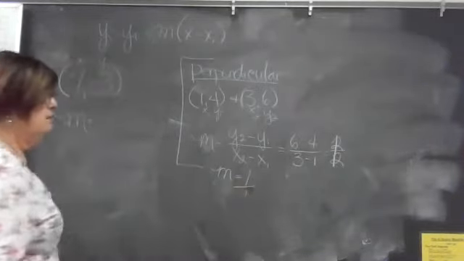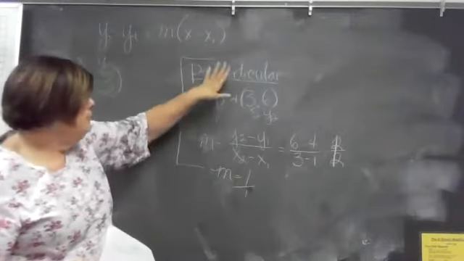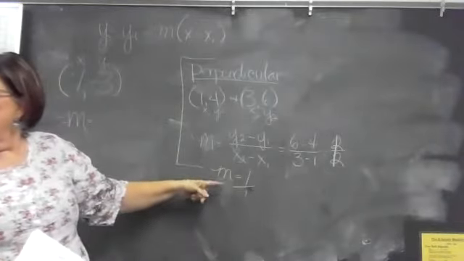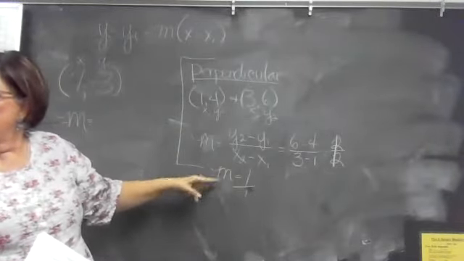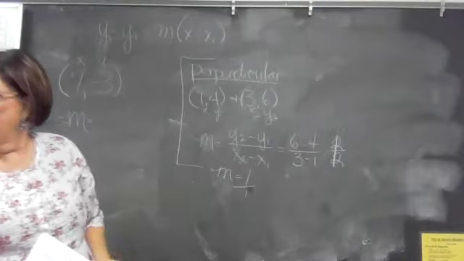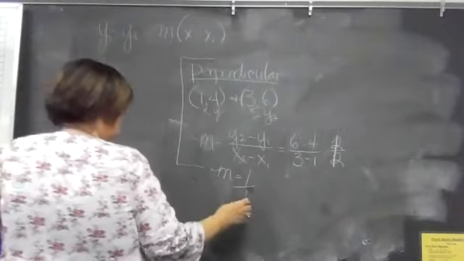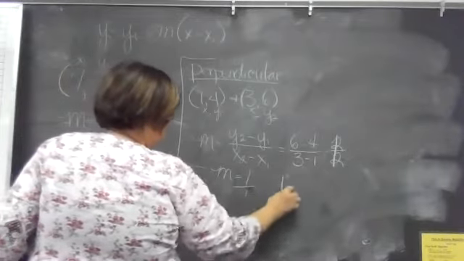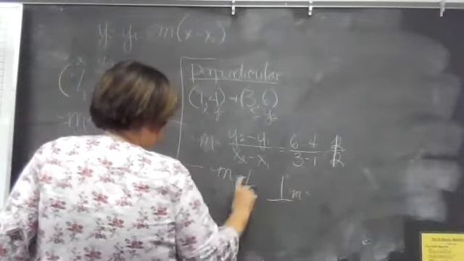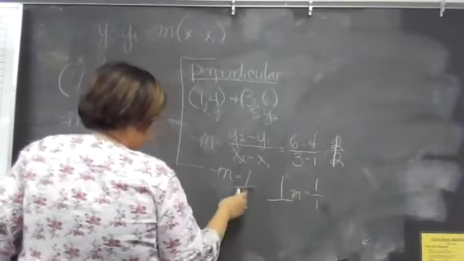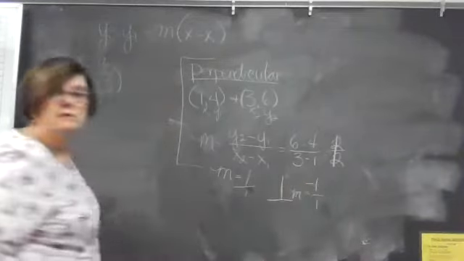Mm-hmm. Okay, so a perpendicular slope, perpendicular to this, means that we have to flip the slope and change the sign. So flipping it looks about the same. It's still going to be 1 over 1, but then change the sign.